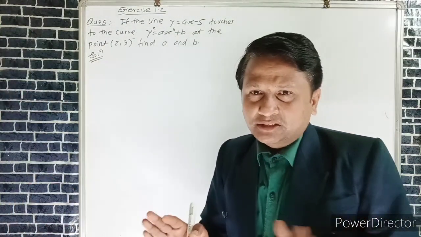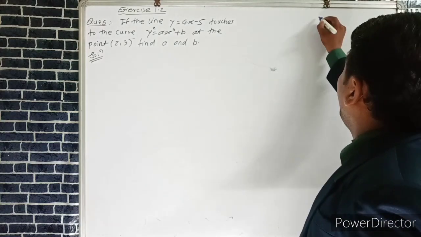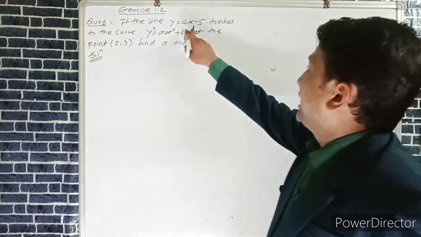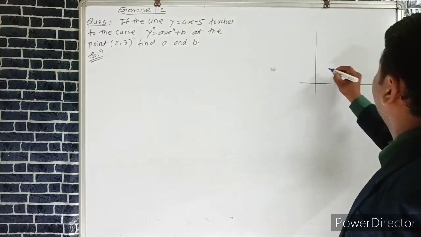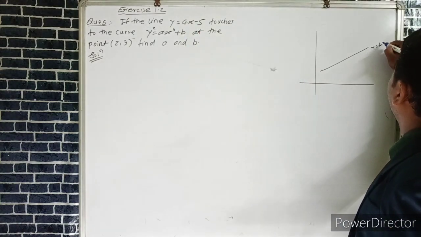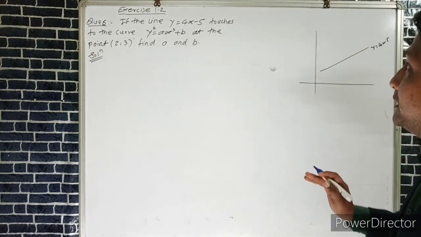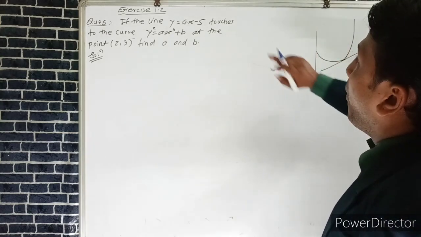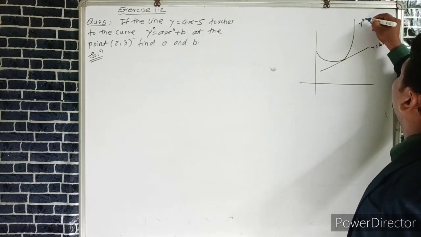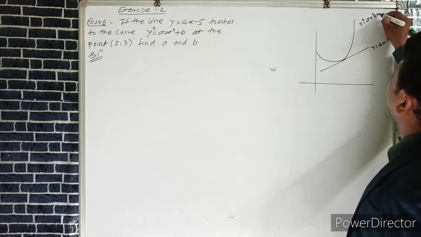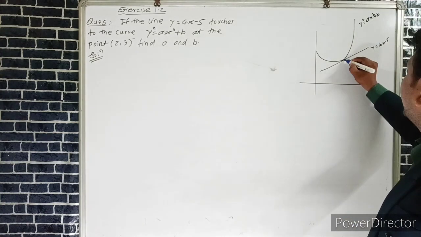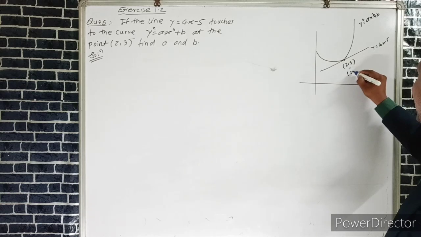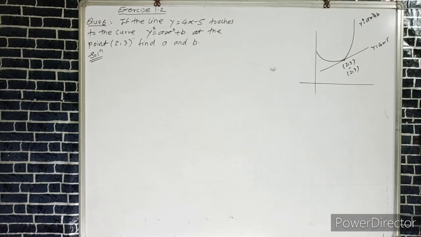which means we have to find the values of a and b by using the equation of tangent and equation of normal. It is simple: on the coordinate axis, the line y = 4x - 5 touches the curve y² = ax³ + b at the point (2, 3), meaning x coordinate 2 and y coordinate 3.